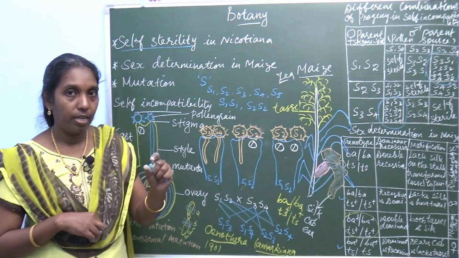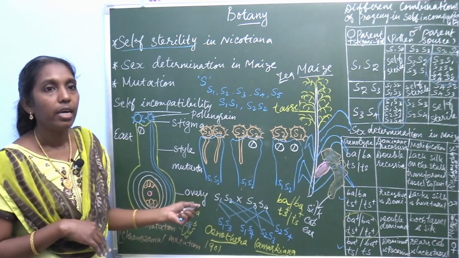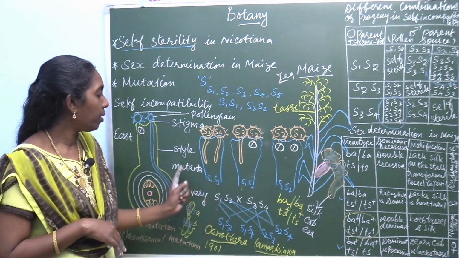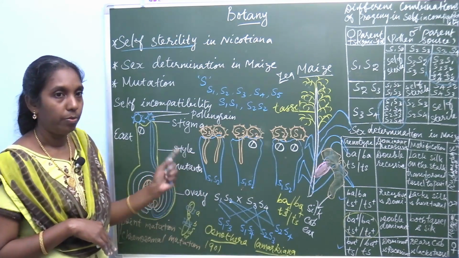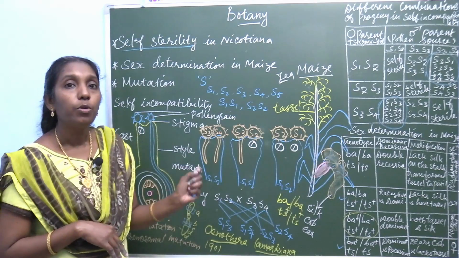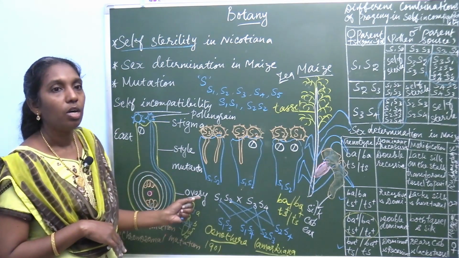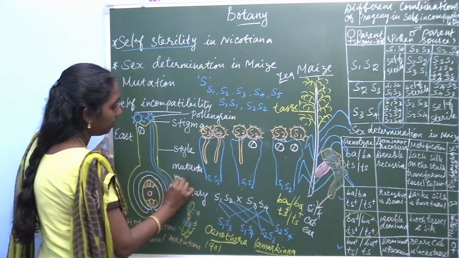Mutants are developed by means of mutagenic agents, a process called mutagenesis. The process of forming mutants by mutagenic agents is called mutagenesis, and the organism developed is called mutagenized.